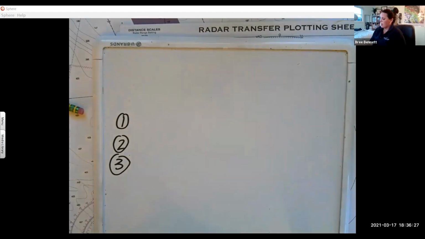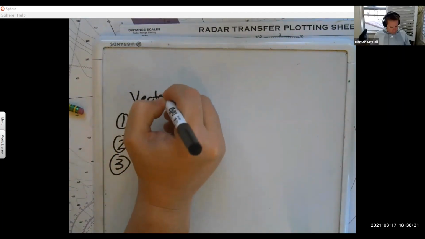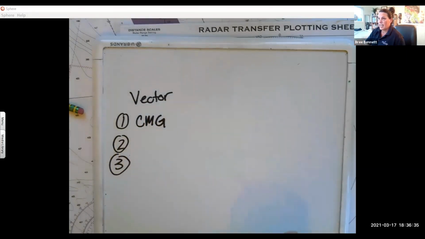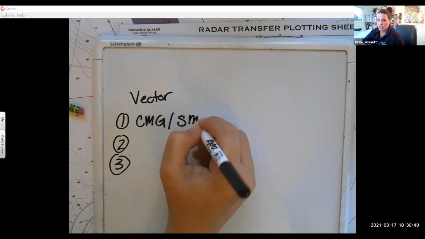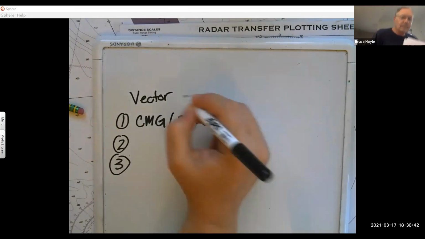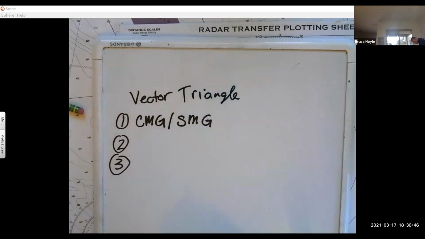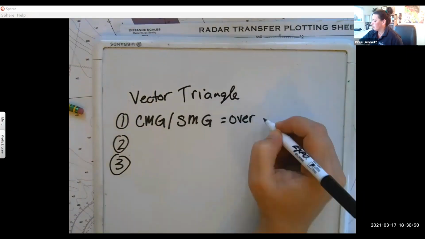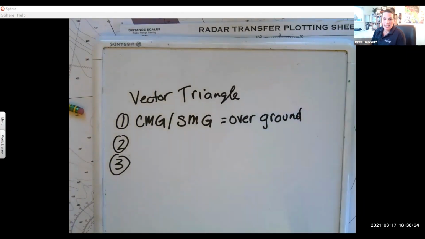So what are my 3 legs of the vector triangle? Course made good, and attached to that is speed made good. So that's what's happening over ground. What's actually happening.